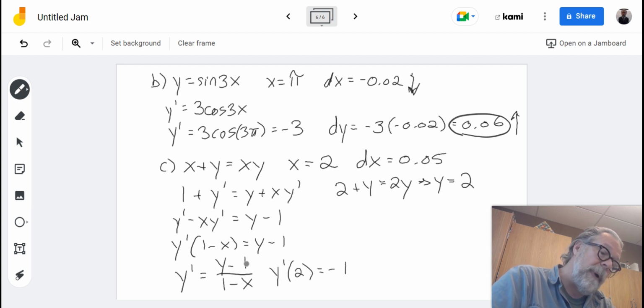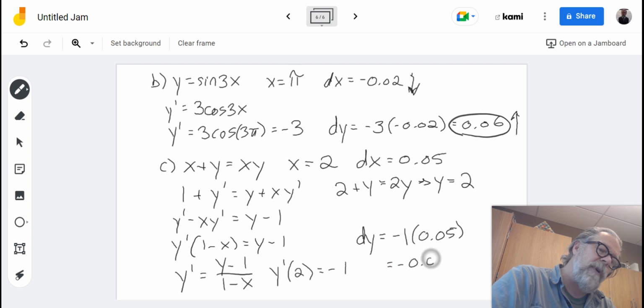Yeah. 2 minus 1 divided by 1 minus 2 is negative 1. And therefore, my change in y will equal negative 1 times my change in x, which means that if I increase my x by 0.05 at this point, my function will decrease by 0.05.